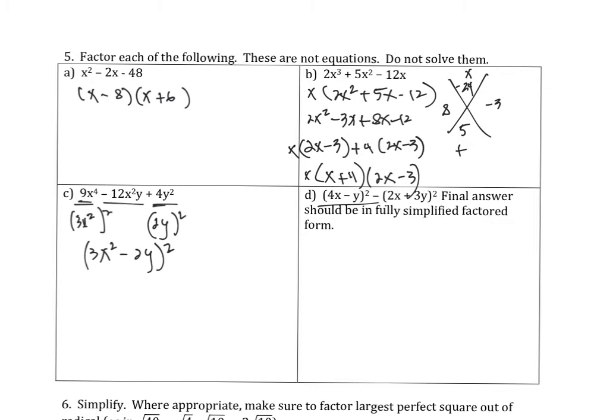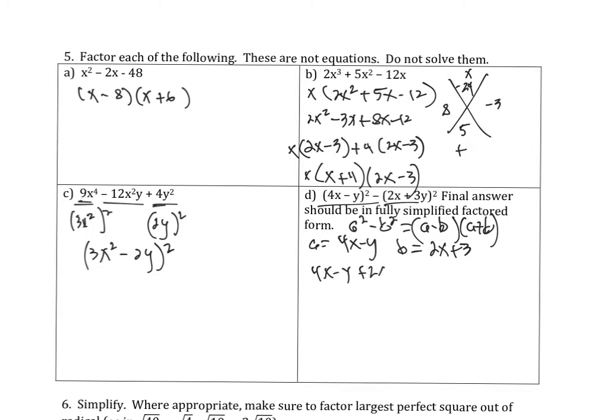Okay, here we have a difference of perfect squares. So a squared minus b squared equals a minus b times a plus b. In this case, a is equal to 4x minus y, and b is equal to 2x plus 3. So we get 4x minus y plus 2x plus 3 times 4x minus y minus 2x plus 3.